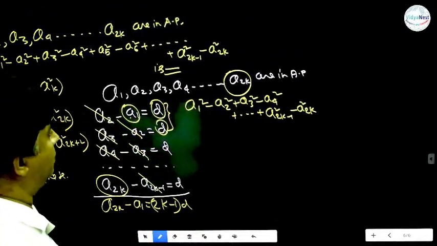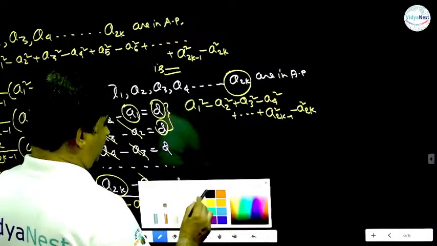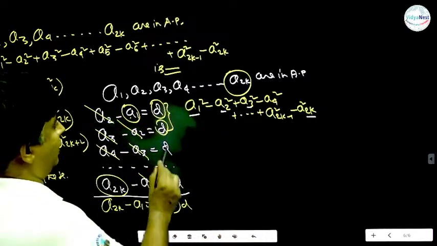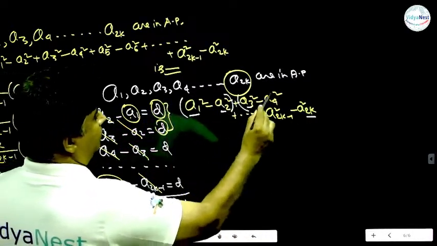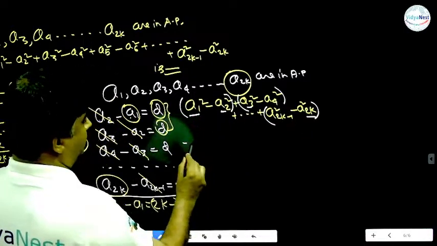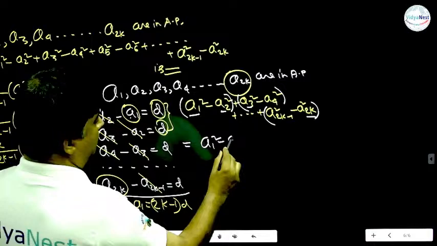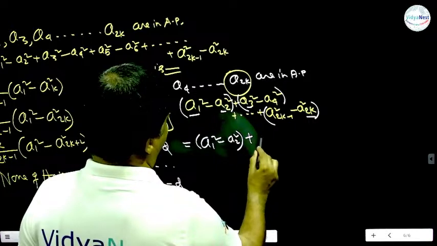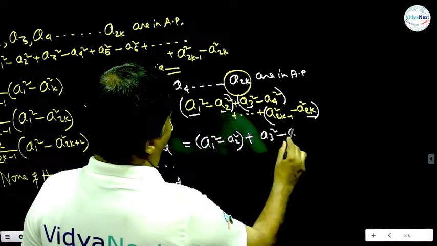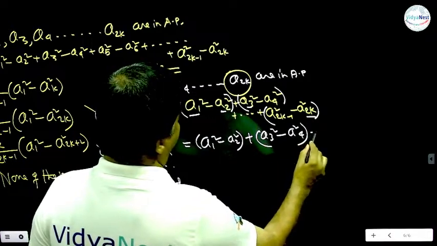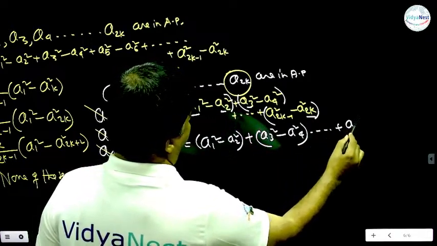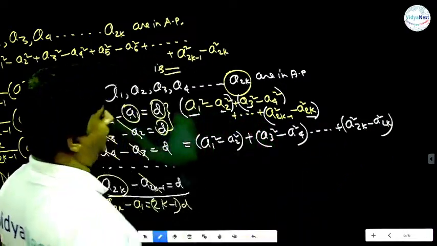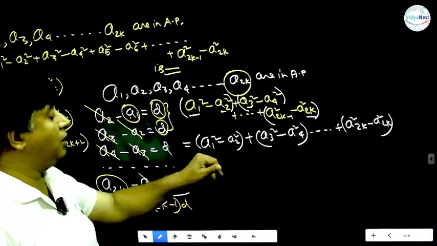You observe there are total 2k number of terms, 1, 2, 3 up to 2k. But once we put them in pair, 2k will be reduced to k. Then our childhood's formula a square minus b square will play the key role.